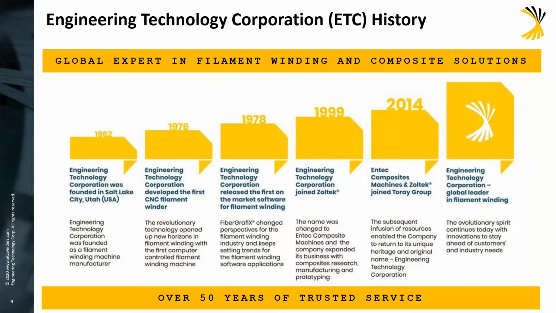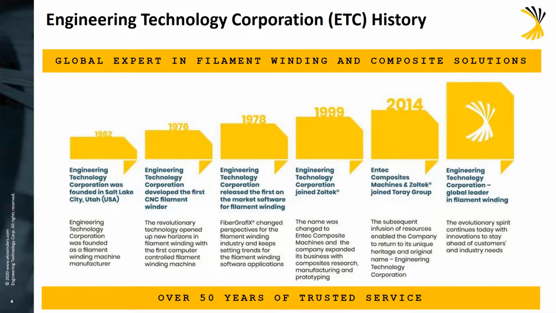So moving on, a brief history of Engineering Technology Corporation. I'm going to refer to it as ETC from here on out. We're more widely known as ENTEC Composite Machinery. We've changed our name in the last several years. We started in about 1962 as a result of the rocket motor industry here in Utah.